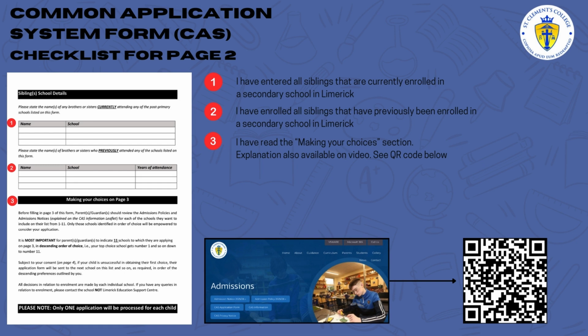This section then goes on to describe page 4, which we will talk about in more detail later in the video, and also describes how the decisions in relation to enrolment are made by the individual school, and any queries in relation to enrolment should go to the school and not to the Limerick Education Support Centre.